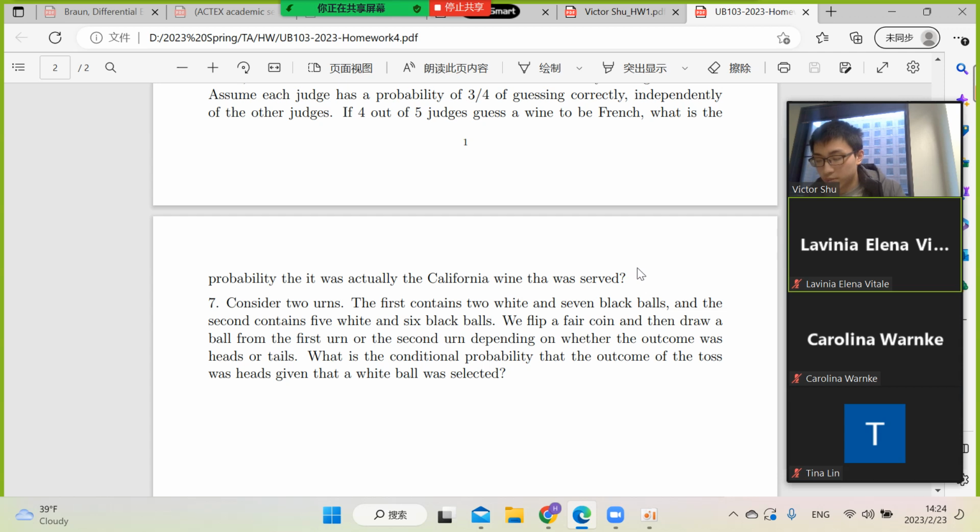And you know that the conditional probability equals the probability of head and white divided by the probability of white. So let's do this in two parts. We have a denominator and a numerator. The denominator is the probability of white.